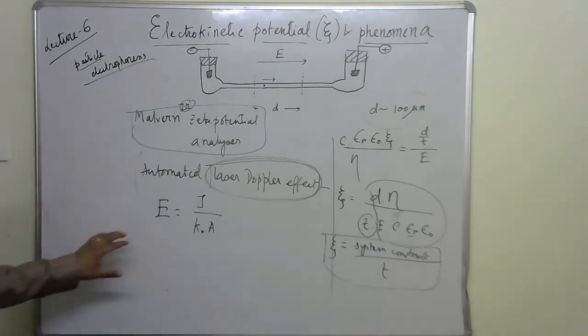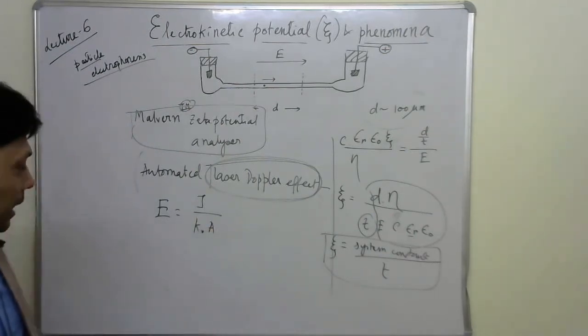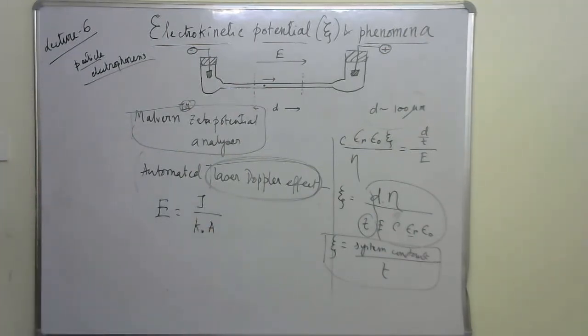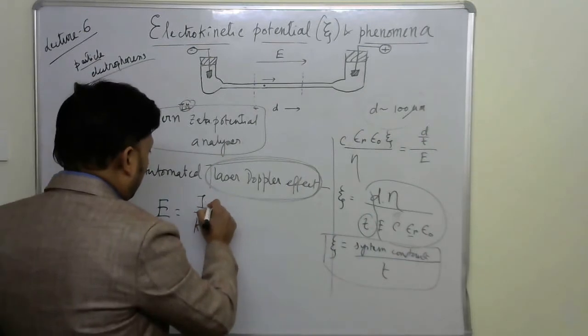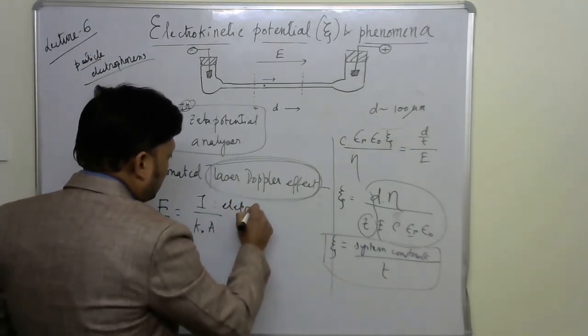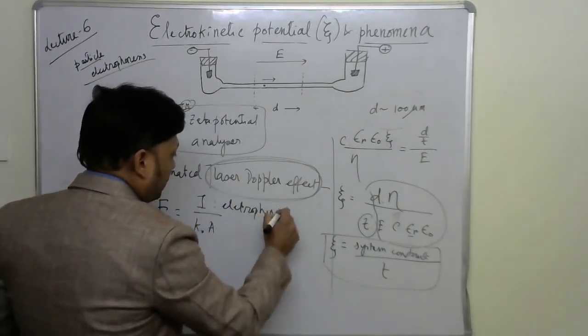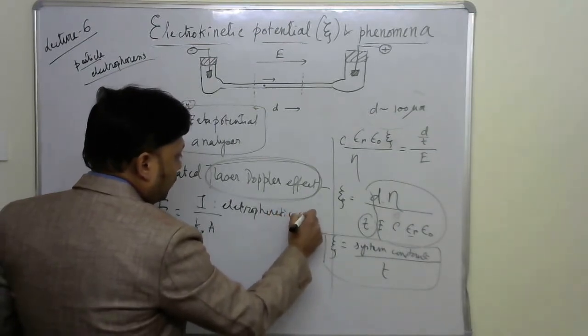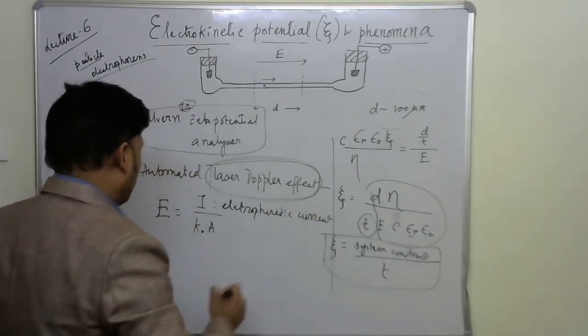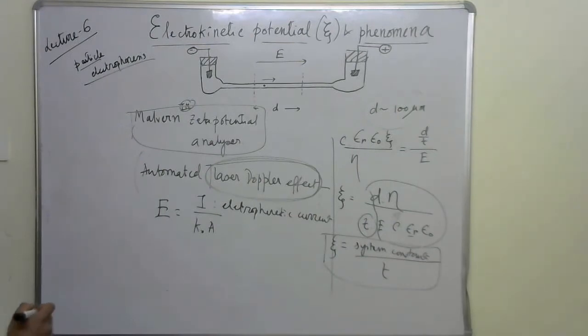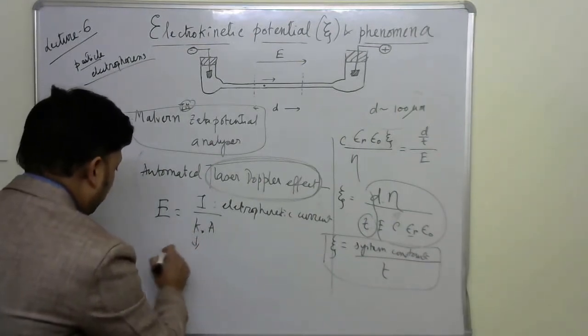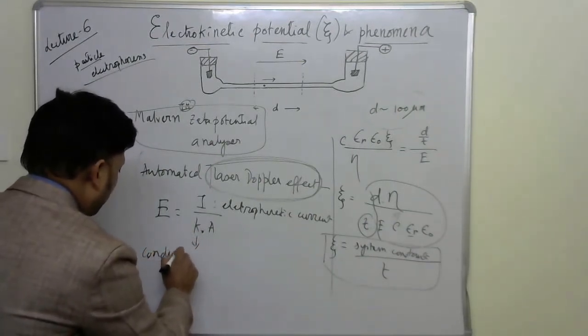So this is expressed as I over K naught divided by A. So the definitions of this, that I is called the electrophoretic current. So that can be measured by the instrument. It can be measured. And K naught is the conductivity of the dispersion.